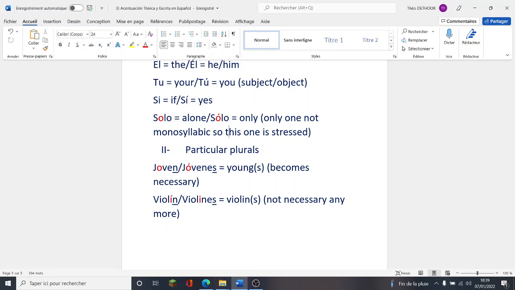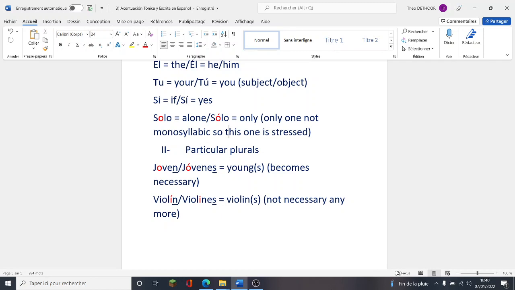And we have the reversed example with violín and violines, which is basically the contrary. We have a written accent in singular in order for the last syllable to be stressed and not the last but one, because it's ending in N, so it should be the last but one, but in singular we want the last syllable to be stressed, the last I, and not the O from the last but one syllable. So we need a written accent so that the I from violín is stressed.